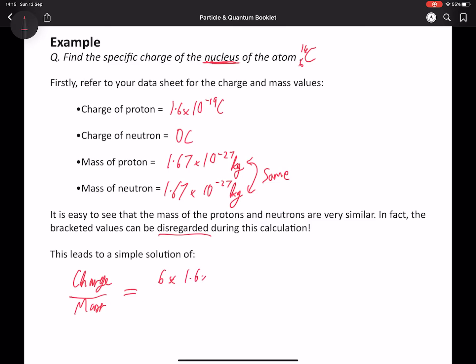And as we are disregarding the bracketed values from the data booklet and taking the mass of a proton and neutron to be the same, the bottom is simply the number of nucleons, so 14, multiplied by the mass, 1.67 times 10 to the minus 27.